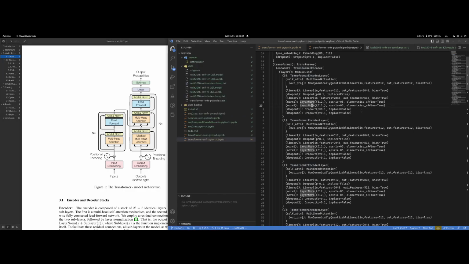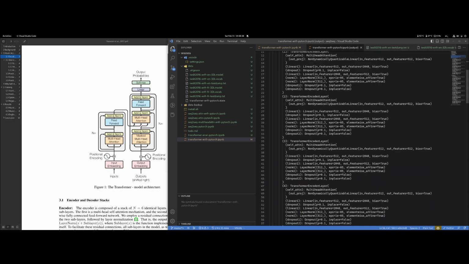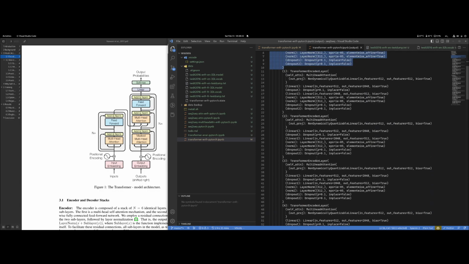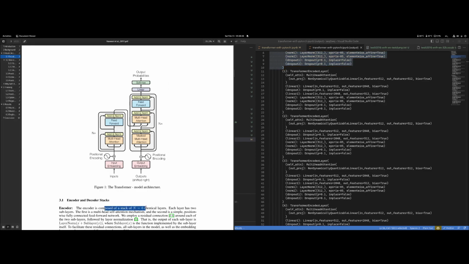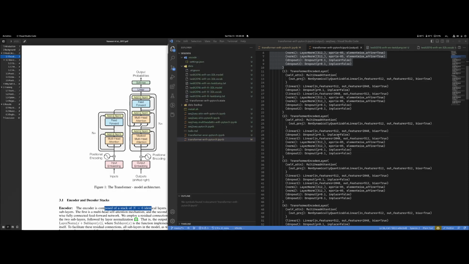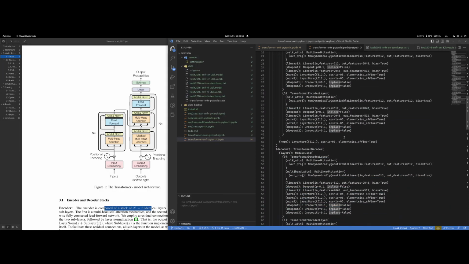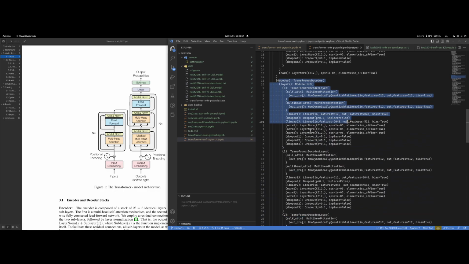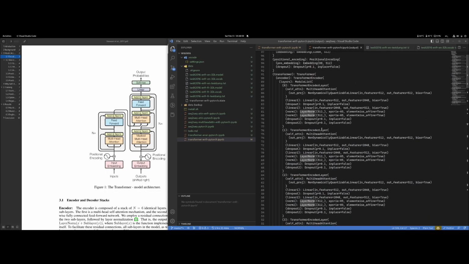You can see the transformer encoder layer being generated 6 times, just like in the original paper, 6 identical layers. And then you can see the decoder layer here. Again, that's 6 layers.